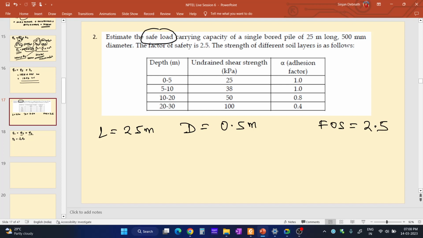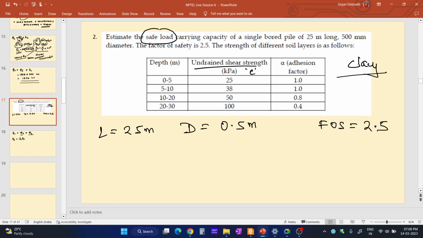We have this undrained shear strength. See, this one is clay. This one is clay, and the undrained shear strength values are also cohesion values.